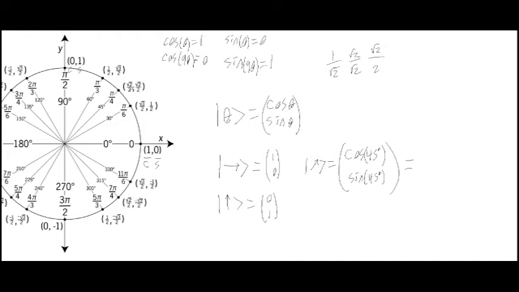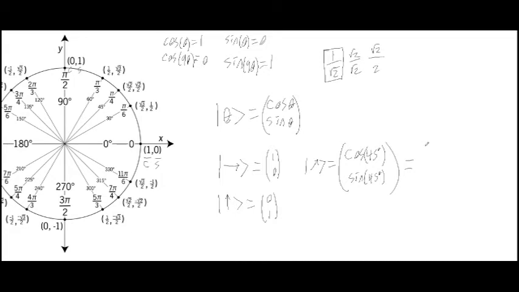And so that is where that square root of 2 over 2 comes from. But I'm going to use this. This is the one that you will see most often in quantum mechanics. So I'm going to use that. And you see that that is this case for both cosine of 45 degrees and sine of 45 degrees.